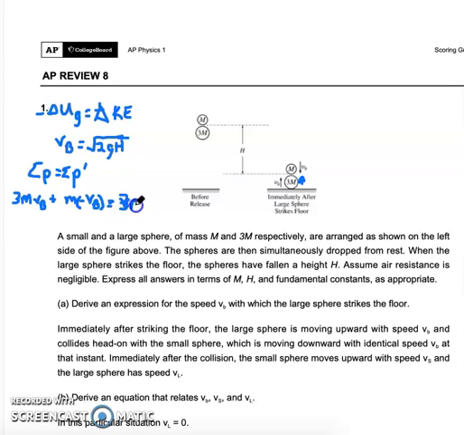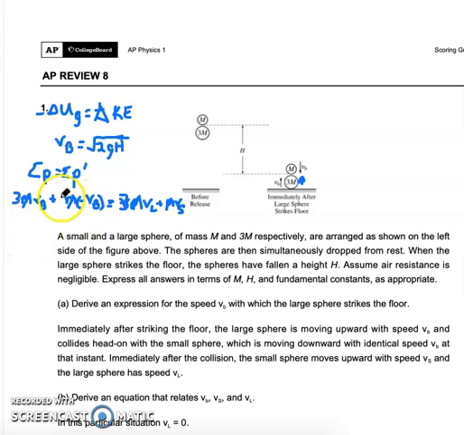3m VL for the velocity of the large, plus m times VS. The m's all cancel out, because we're all in terms of each other.